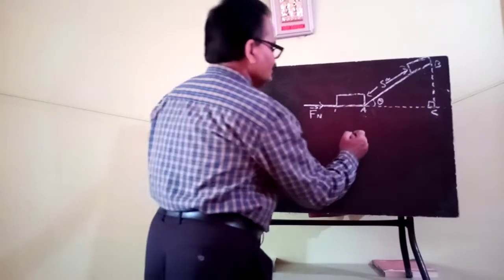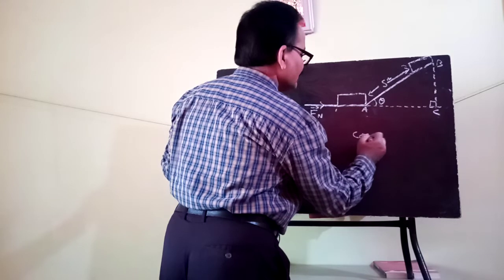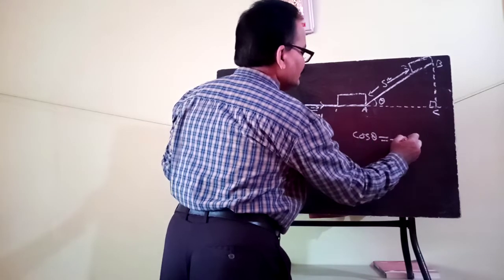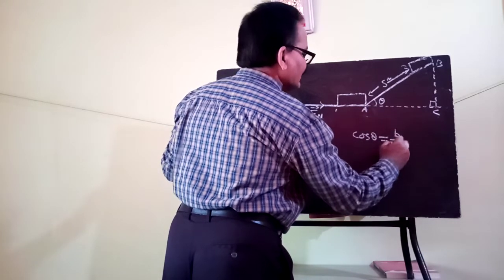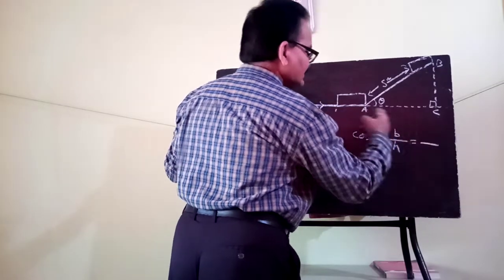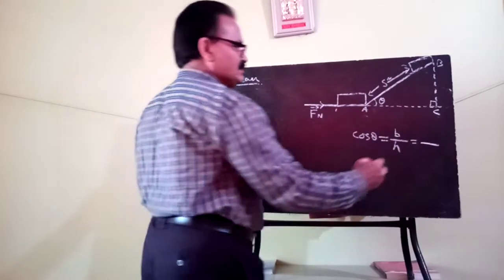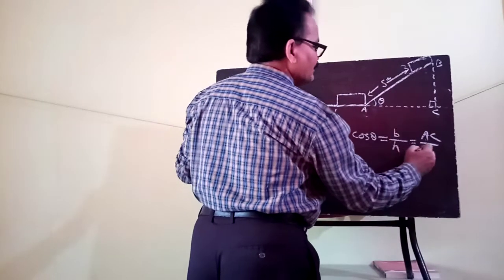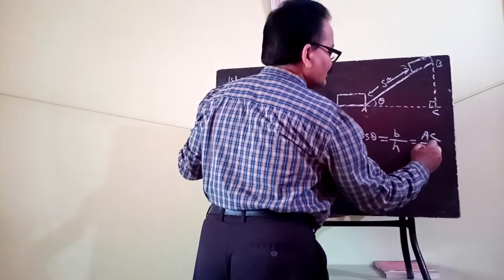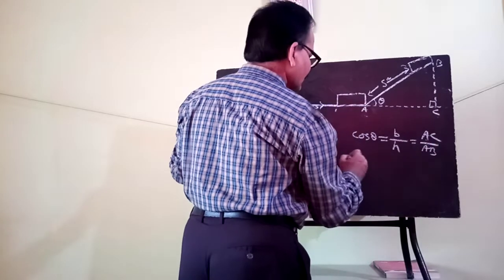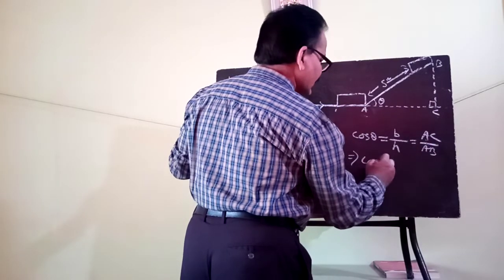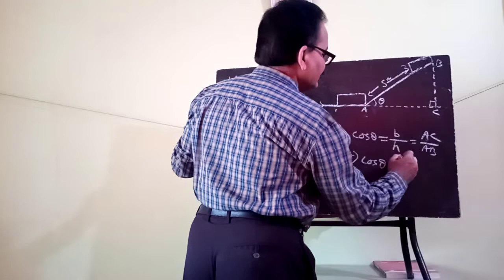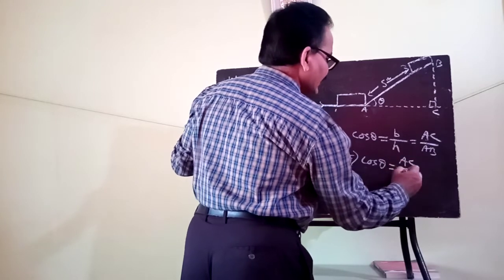Then you see for cos theta, what will happen? You know cos theta is base by hypotenuse. So here base is AC and hypotenuse is AB. So that means cos theta is AC by s meter.